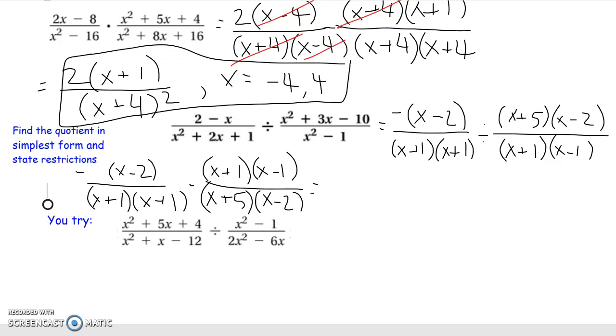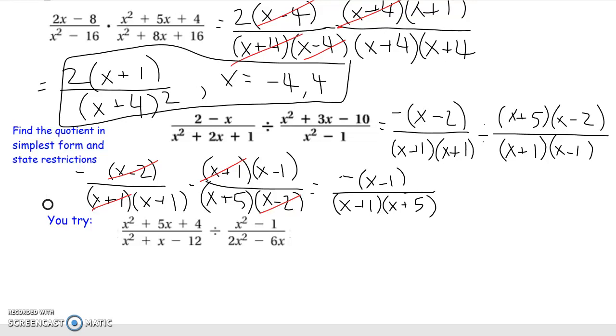Now we are ready to cross out the like factors in the numerator and denominator. We have x minus 2 and x plus 1 that can cancel. Then we are left with negative x minus 1 divided by x plus 1 times x plus 5.